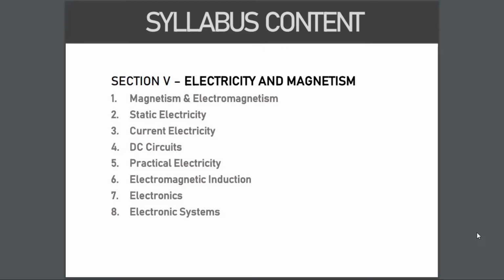In this section, we study how magnetism can be related to electricity and what the effects of that could be. We'll also study the circuits and the components which make up the circuit, and how each component performs its function and contributes to the circuit. We also study the different types of electronics and electronic systems.